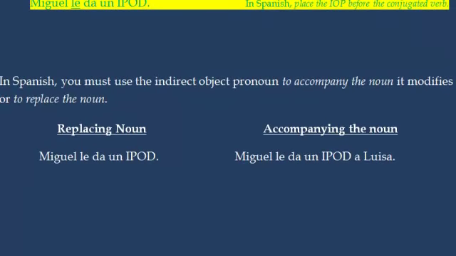Now in Spanish, you must use the indirect object pronoun to accompany the noun it modifies, or to replace the noun. You have Miguel le da un iPod. Or an example of accompanying the noun that it's modifying: Miguel le da un iPod a Luisa. Both of these would be correct.